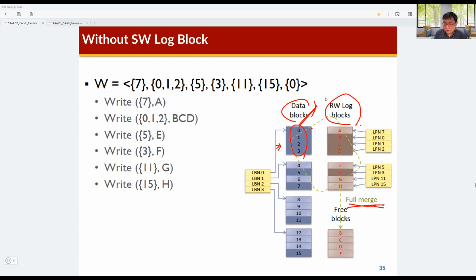So in this case, we can find the available pages inside of log blocks. 0, 1, 2, 3 are assigned to the pages of B, C, D, and F of another log block. Then we read these pages and perform the write operation to the empty block, and then we just switch this block to this data block. Okay, that is the full merge.